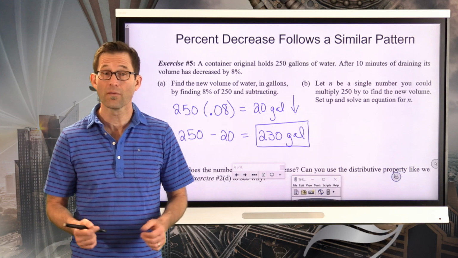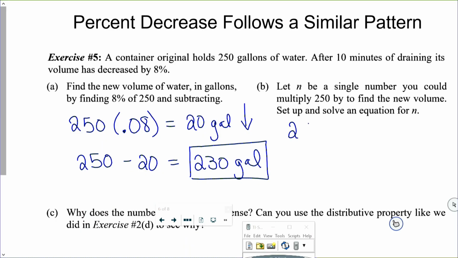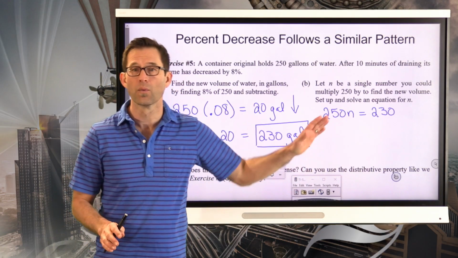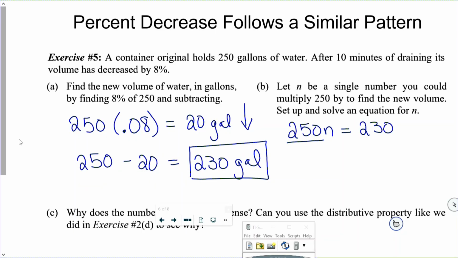Now you have to be careful, because in this case we're taking this larger number, 250, and I'd like to multiply it by n to get my new volume, 230. So this is the equation I need: 250 times n equals 230. To solve it, a simple one step gets the job done.